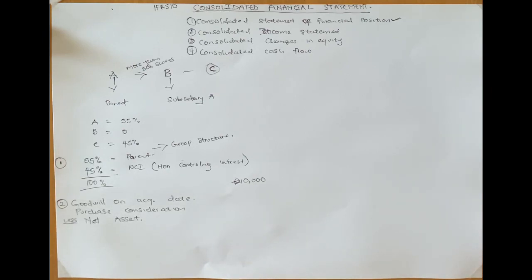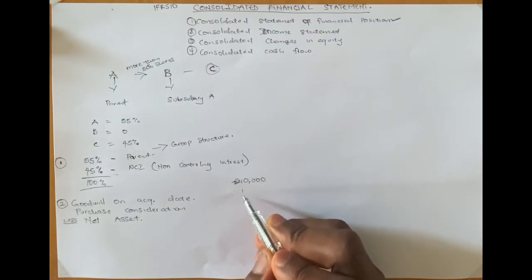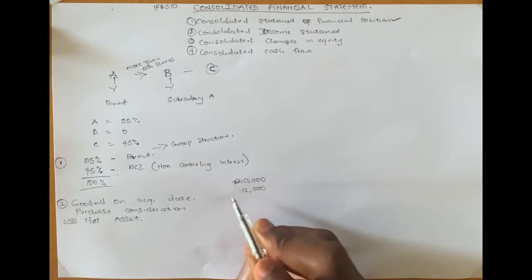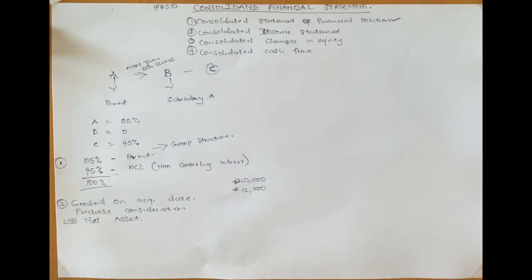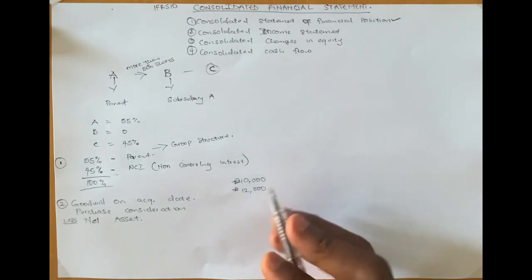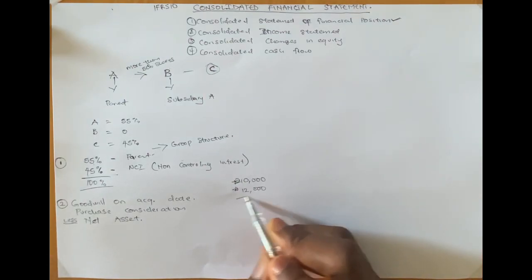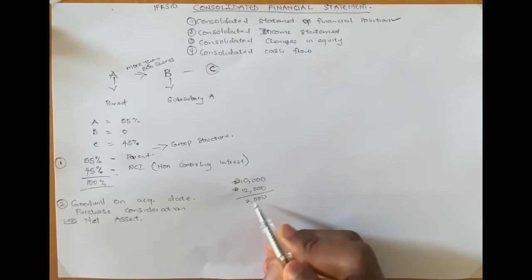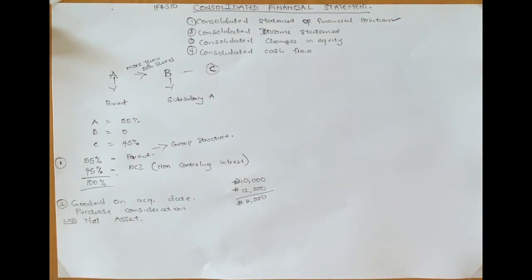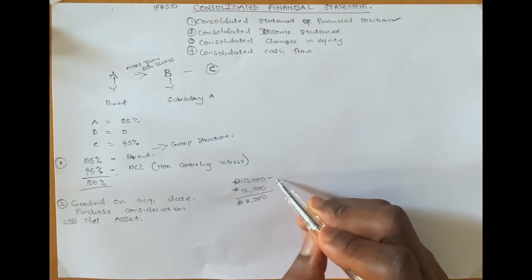But as at the reporting date, when they are seeing the amount paid by the parent, whether for example you are seeing 12,000 naira, the extra 2,000 is not a mistake. The extra 2,000 is called the goodwill, because the parent is not just acquiring the company, it's also acquiring their loyal customers, their good name, and other things. So this 10,000 naira will be called the net asset.